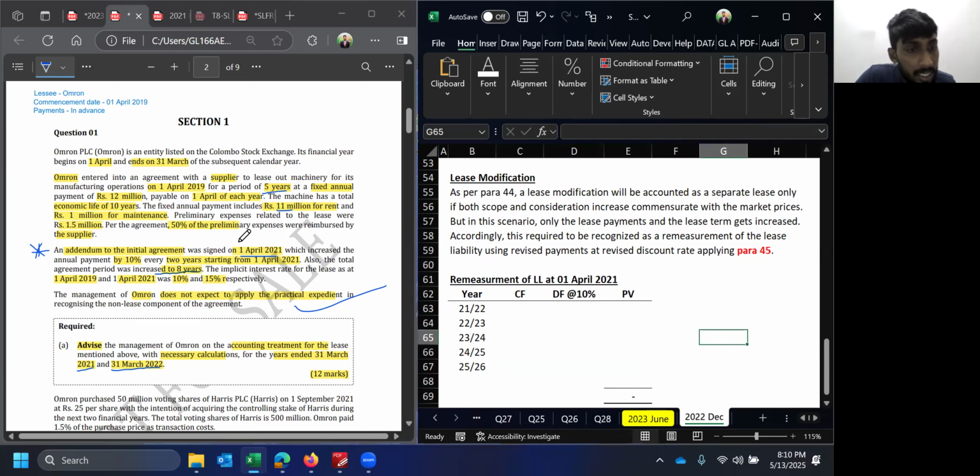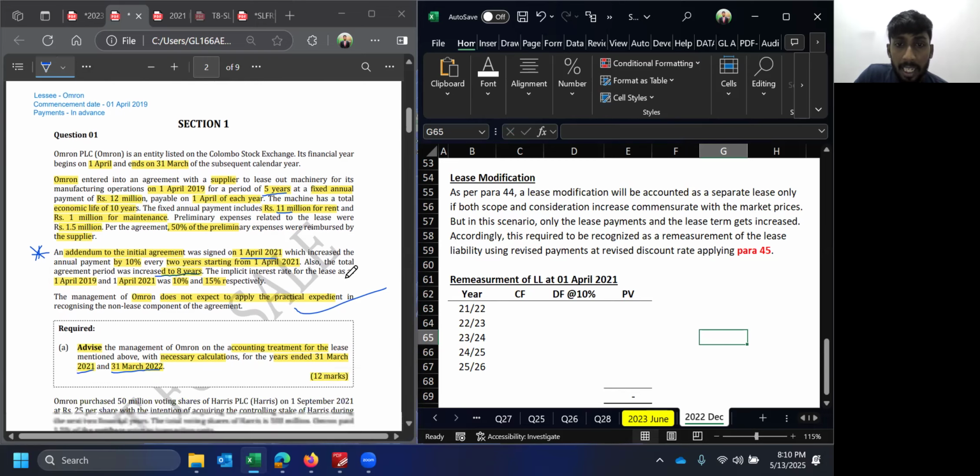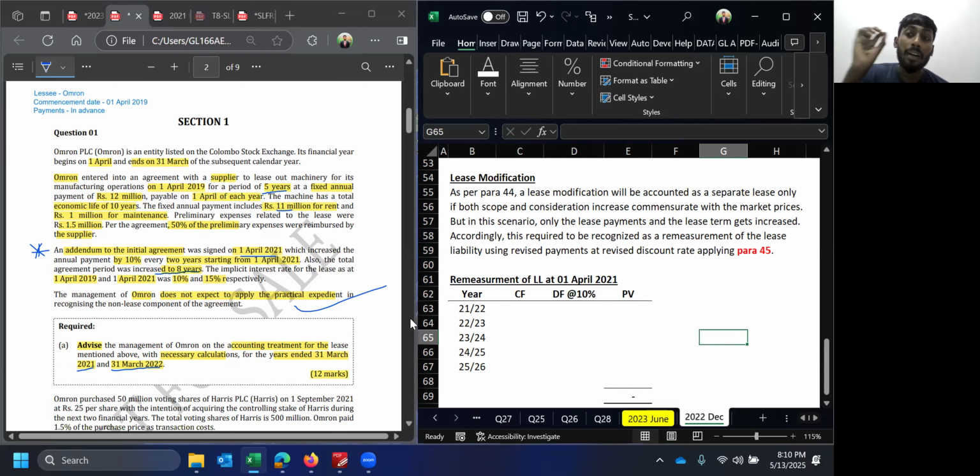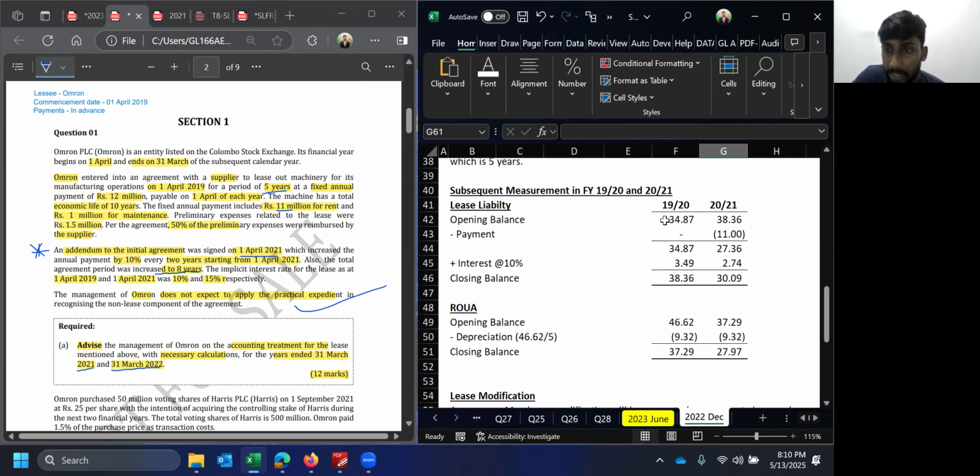What are they saying? They are saying the total agreement period was increased to 8 years. Now we are doing this addendum after how many years from the initial agreement? After 2 years.